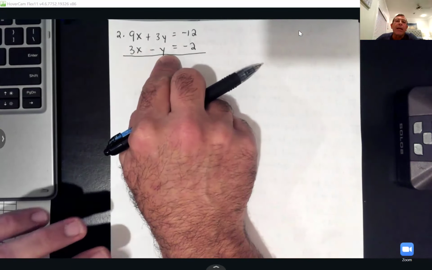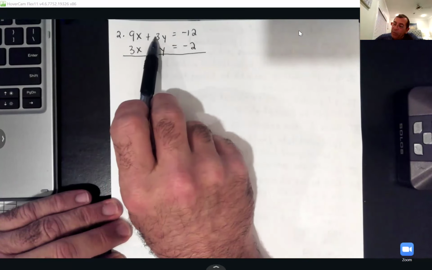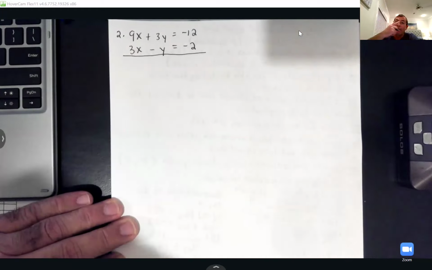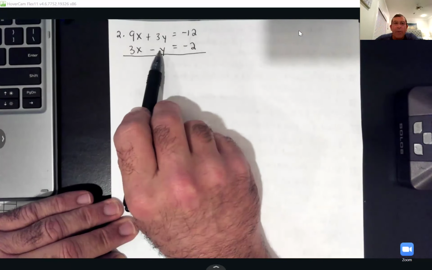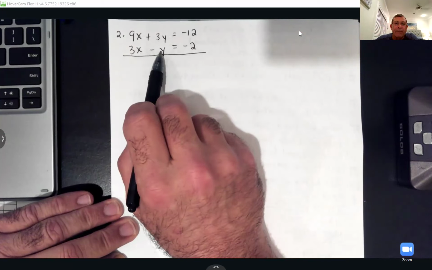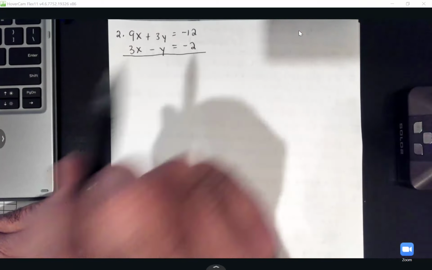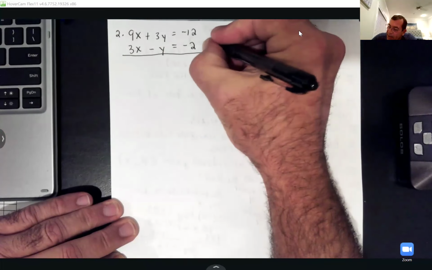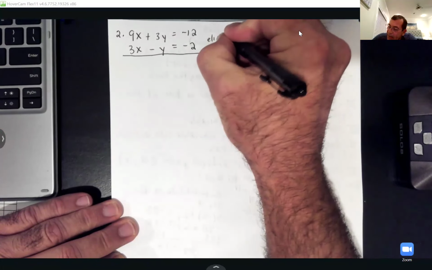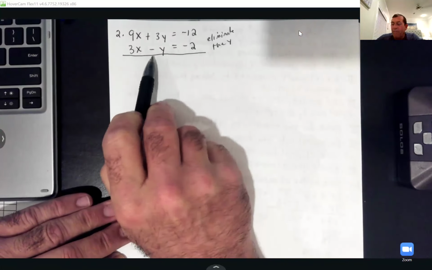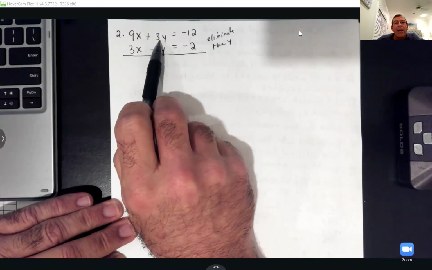So here's what I'm looking at. This one's already positive and this one's negative, and there's one number that I can multiply this y by so that these will cancel. By itself? 3. Okay, so I'm going to try to eliminate the y's because of the signs. So I've got a positive 3y here.